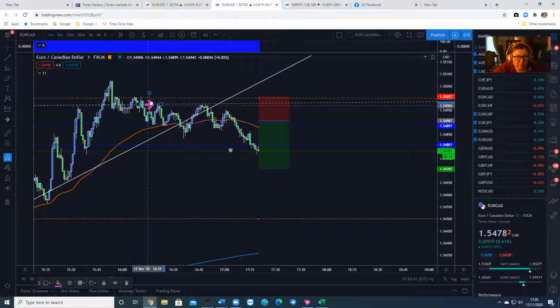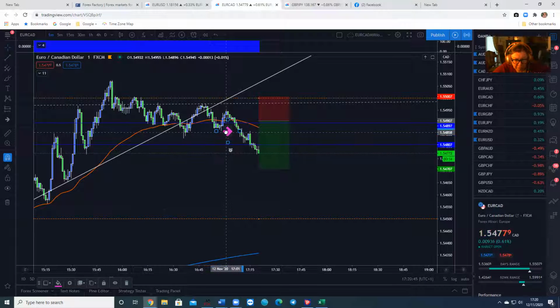And I've had the pitchfork touch, I've had a break and a retest, and this was the hourly candle here, that push up. So I got in here for a trade at this price, 907, and I'm at 477.